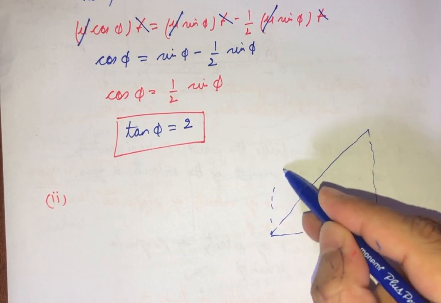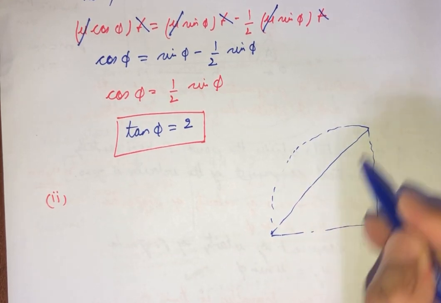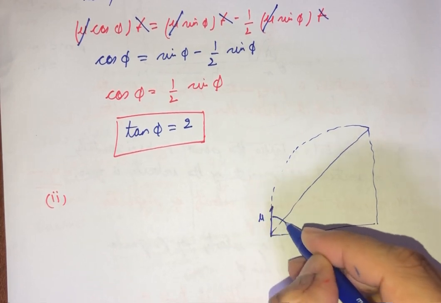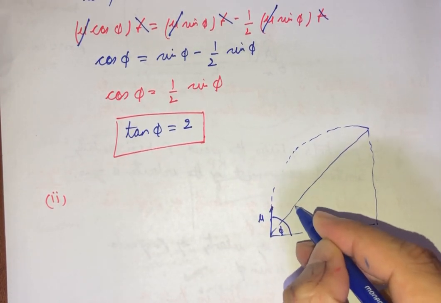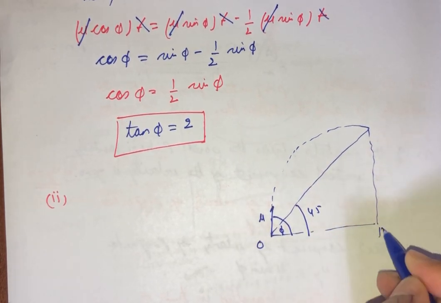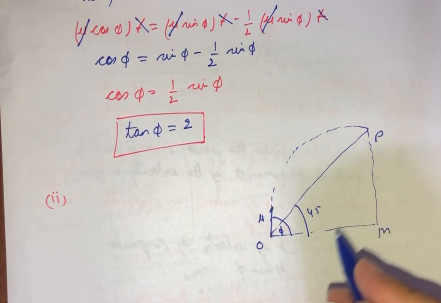So this is the projection at u at angle of phi. This is 45 degree. This is OMP.